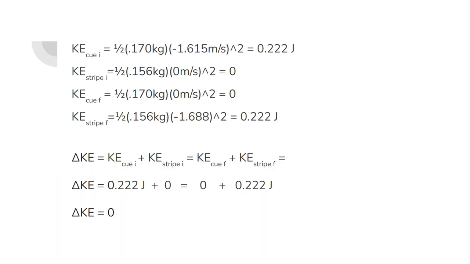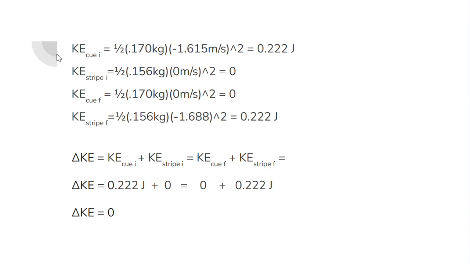So these were my calculations. So a kinetic energy of the cue ball initial was equal to 0.226 as it had a velocity associated with it. And the kinetic energy of the strike ball, since it didn't have any velocity, was 0. So then the kinetic energy of the cue ball final, because it collided and stopped, it had a velocity of 0.